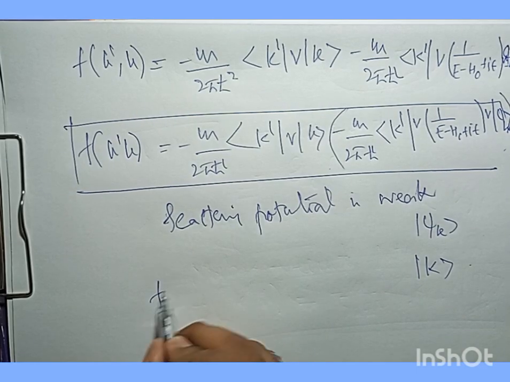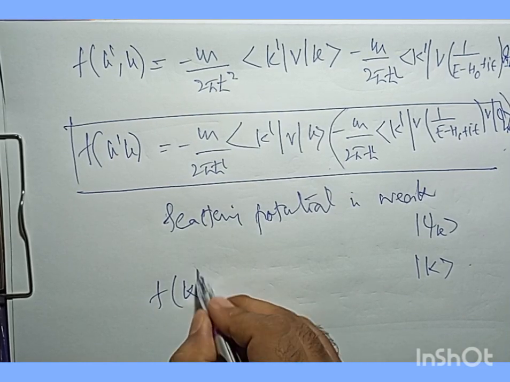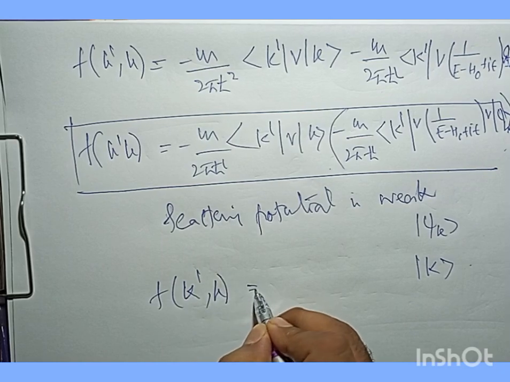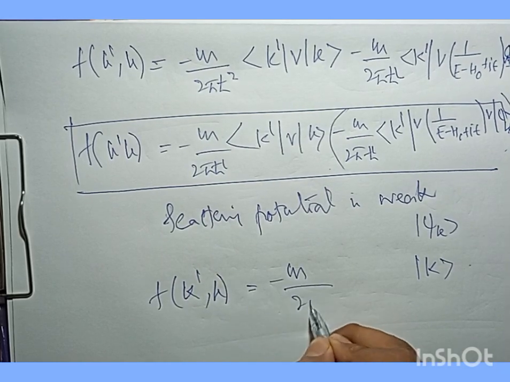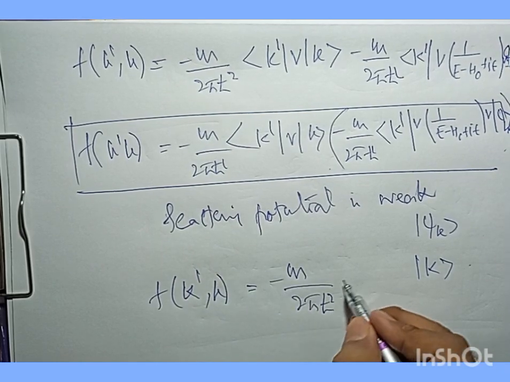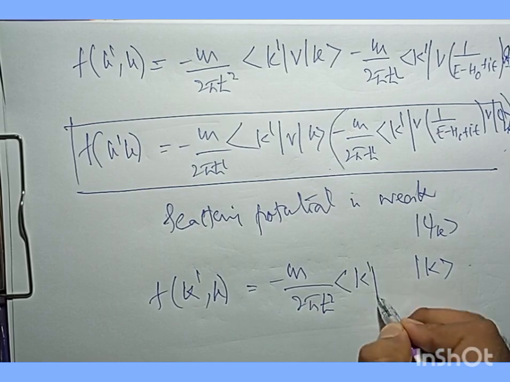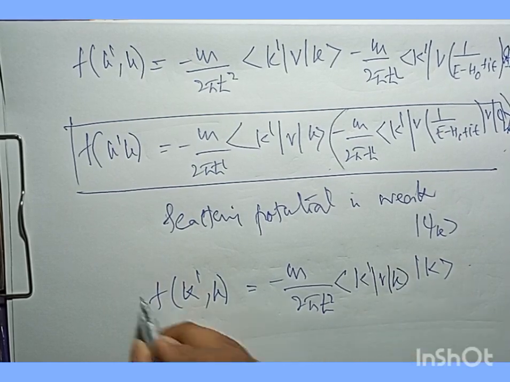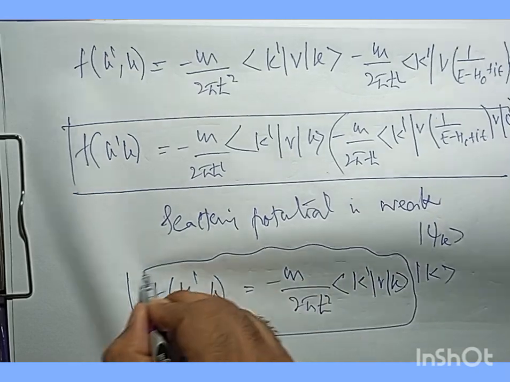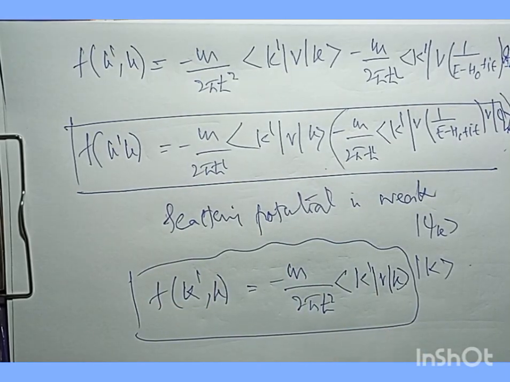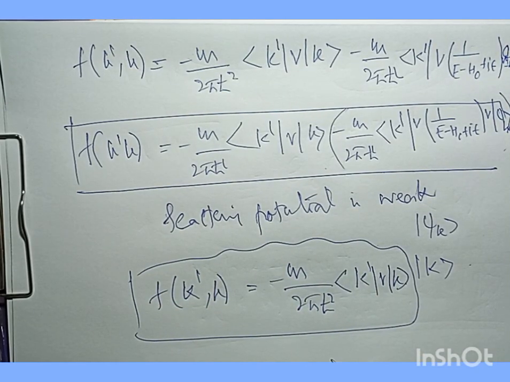That is f of k dash k is minus m by 2 pi h bar square k dash v of k. Now, this simplifies the problem to a very large extent, as the scattering amplitude is now just a matrix element. It's a simple matrix element.